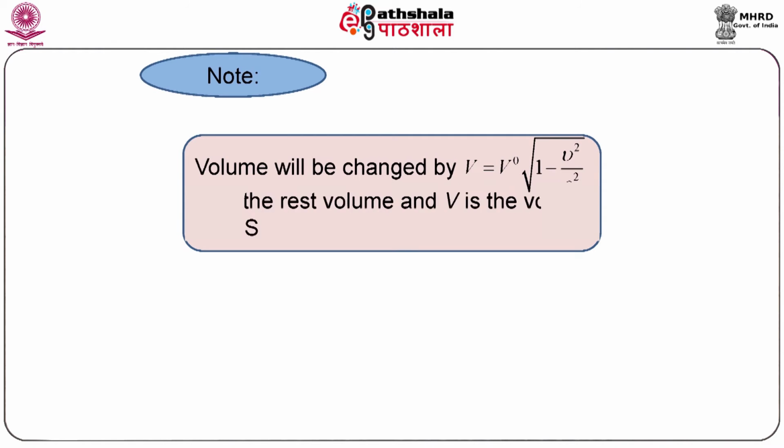Here capital V0 is the rest volume, while capital V is the volume in the fixed frame S, small v is the velocity of the frame S dash with which it is moving with respect to fixed frame S, c is the speed of light, which is a universal constant.